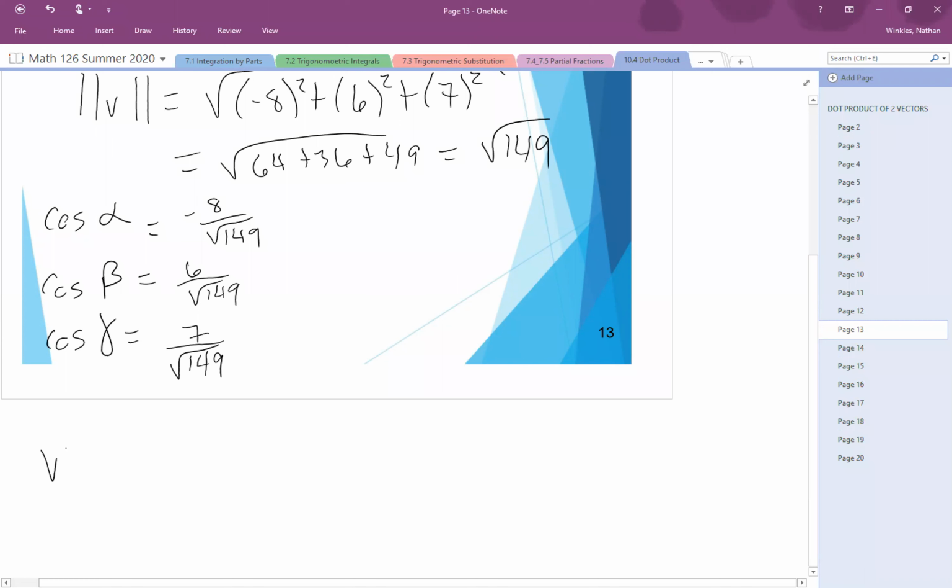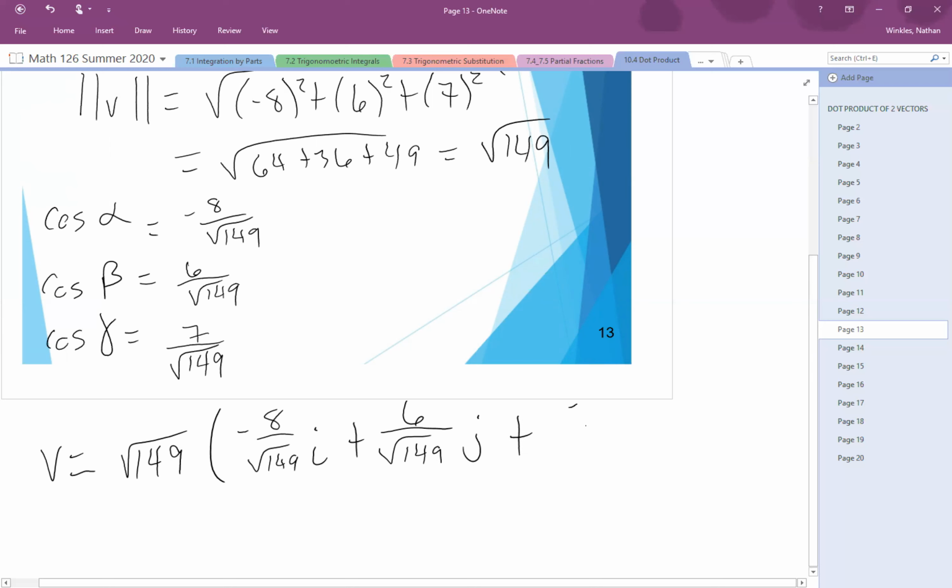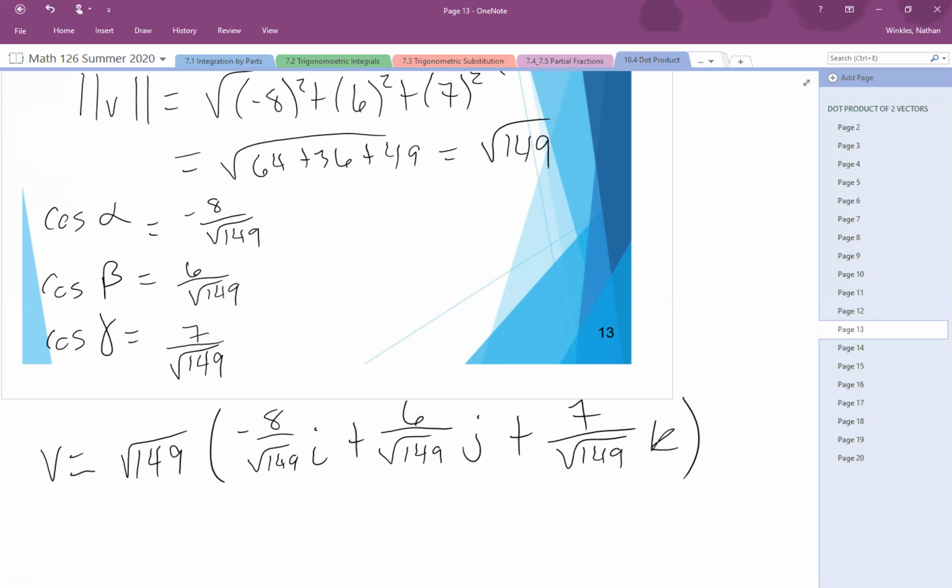So that means v equals the square root of 149 times negative 8 over the square root of 149 times i, plus 6 over the square root of 149 times j, plus 7 over the square root of 149 times k. Those would be the two pieces that we would have to find in this problem.